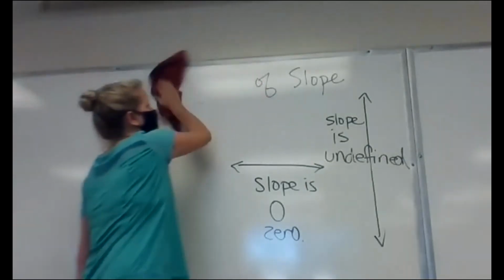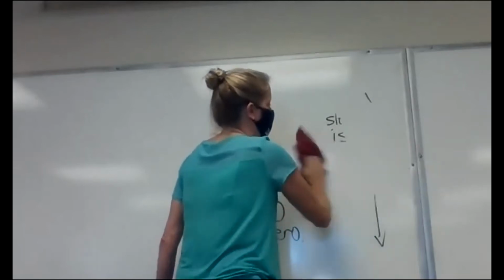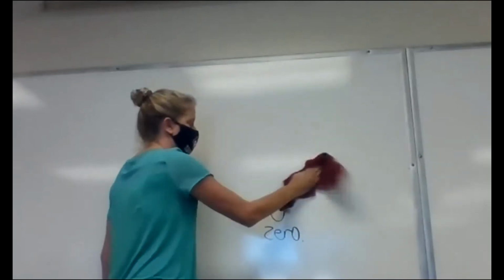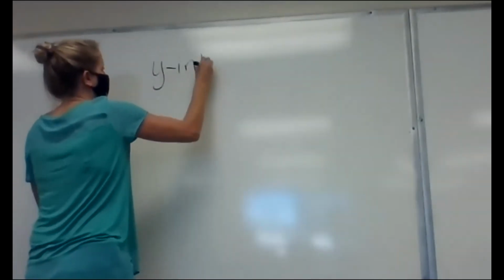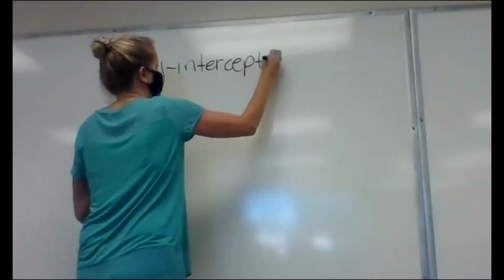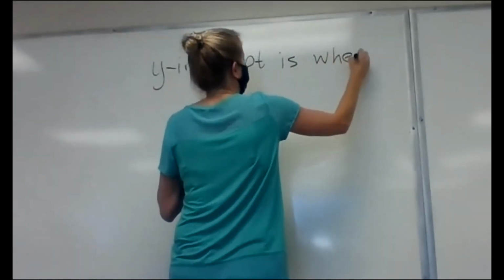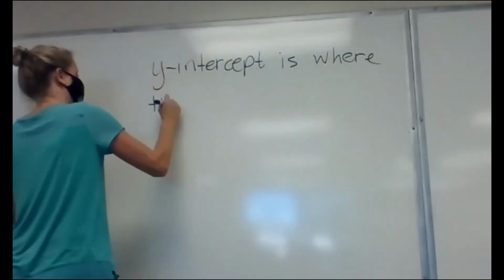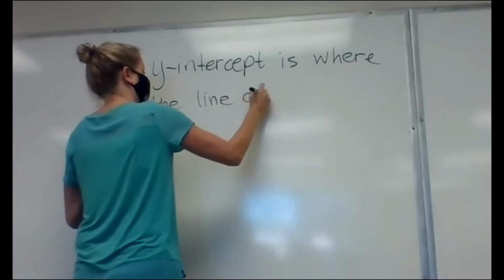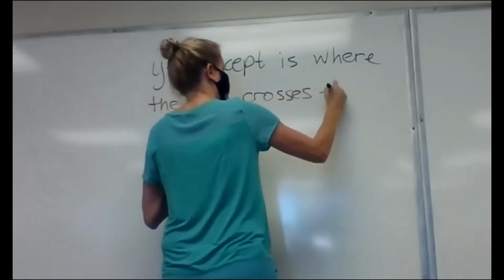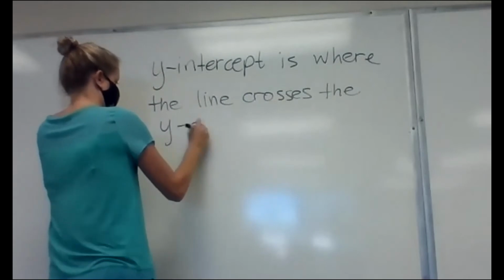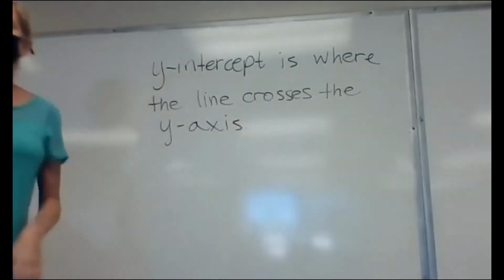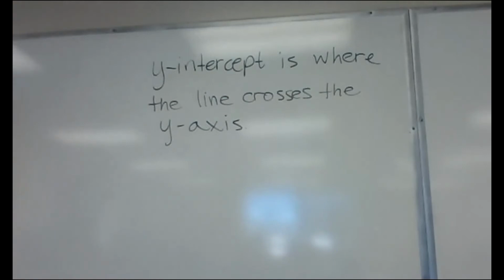The other thing we're going to talk about on these lines is what is called the Y-intercept. And we did talk some about that in the last section when we were finding the X-intercept and the Y-intercept. The Y-intercept is where the line crosses the y-axis.